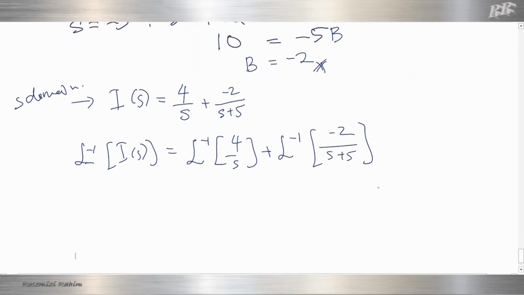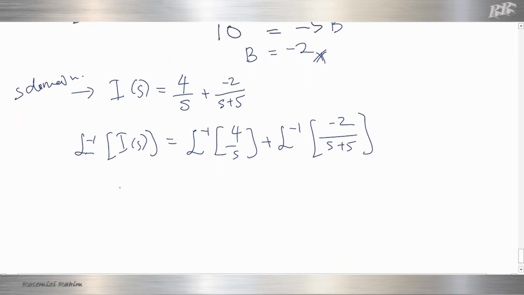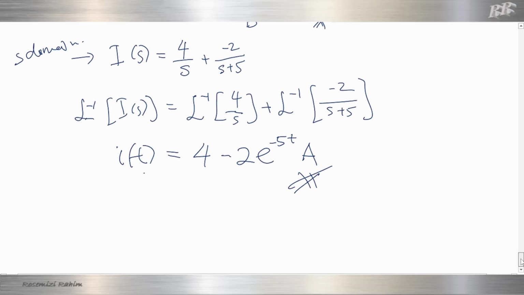Then we get i(t) equal to inverse Laplace of 4 over s, which becomes 4, and inverse Laplace of the second term gives minus 2 e to the minus 5t. The unit is ampere. This is the equation for i(t).